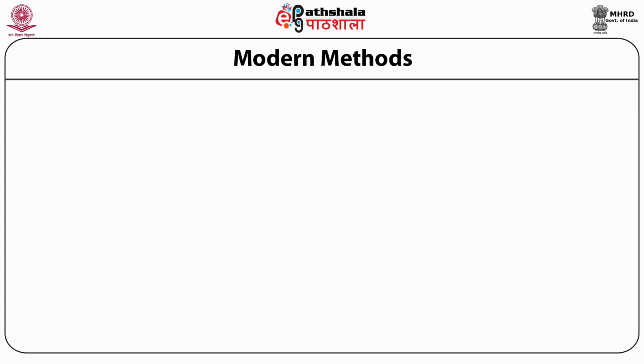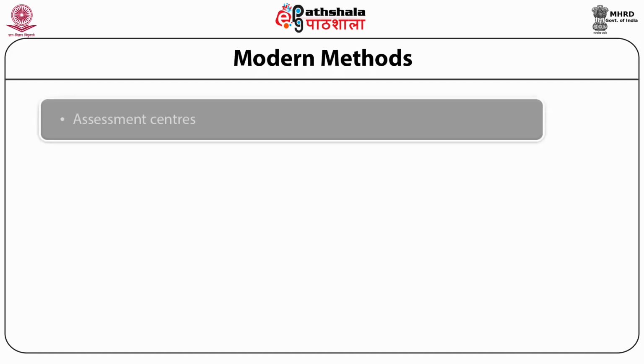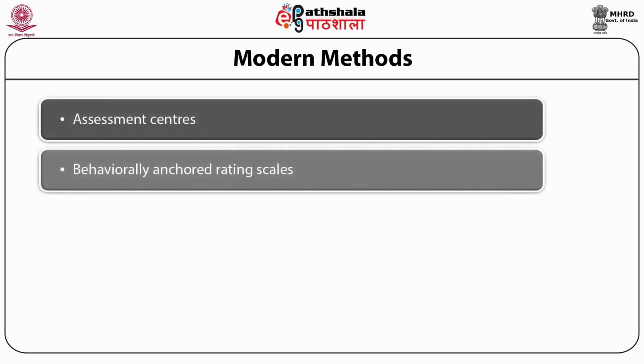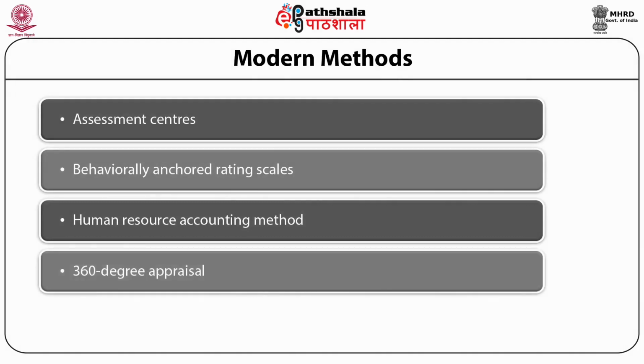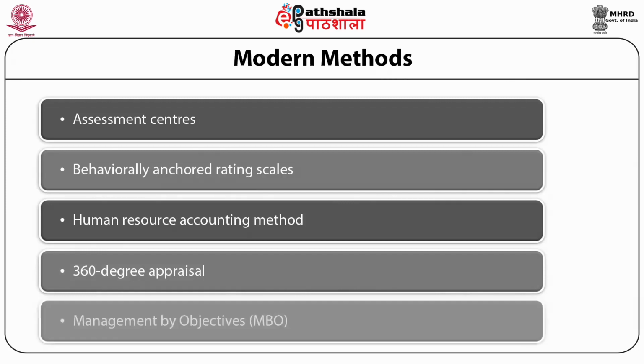Here we shall be telling what all are the modern methods of doing performance appraisal: assessment centers, behaviorally anchored rating scales, human resource accounting method, 360-degree appraisal method, which is a very common type nowadays, and management by objectives.